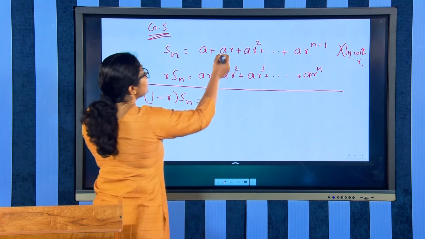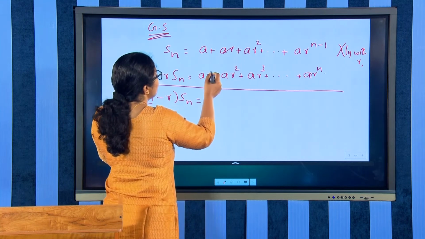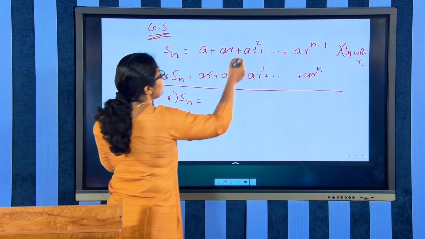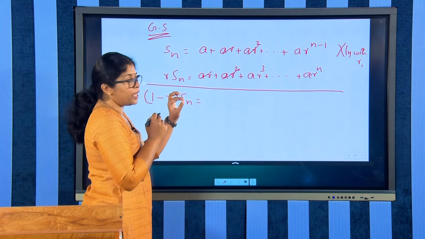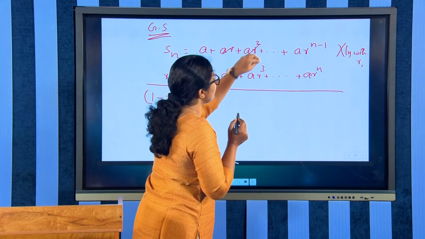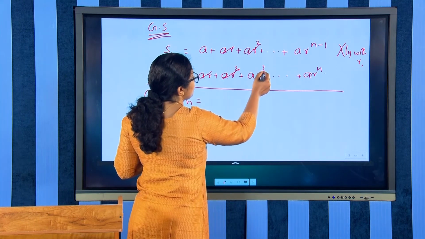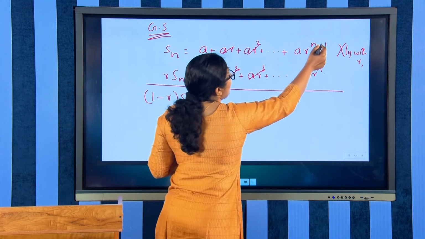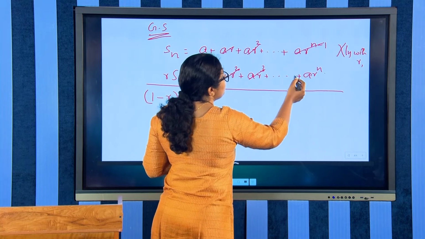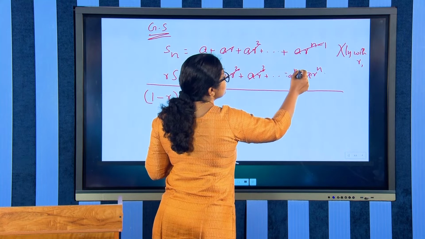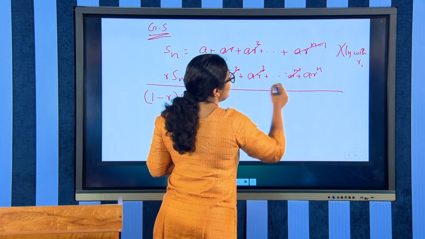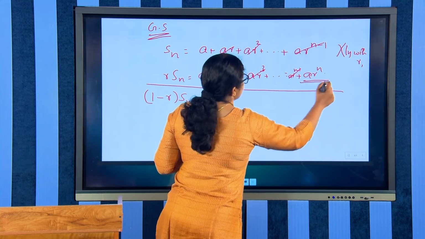but AR minus AR, these two terms will get cancelled. AR square will get cancelled with negative AR square, AR cube will get cancelled with negative AR cube, etc. AR power n minus 1 will be getting cancelled with a negative of AR power n minus 1, which is here, and this term remains.